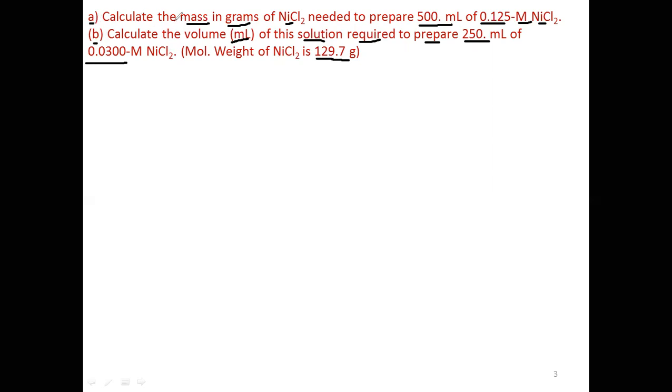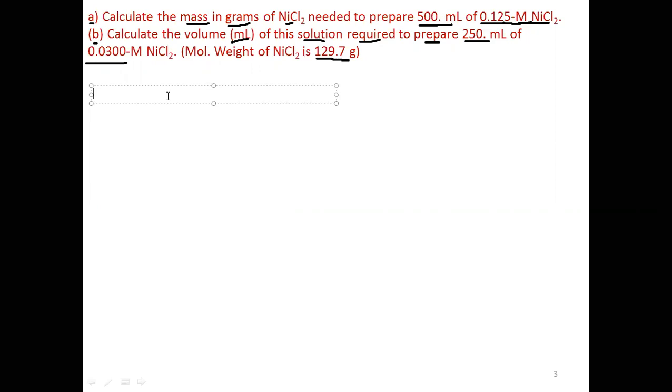So he says calculate the mass in grams of nickel chloride needed to prepare 500 ml of 0.125 molar nickel chloride solution. Now as I mentioned to you, the definitions are very important, so I will just apply the definition. First, let us see what is molarity.